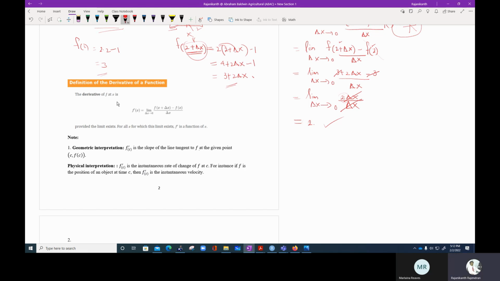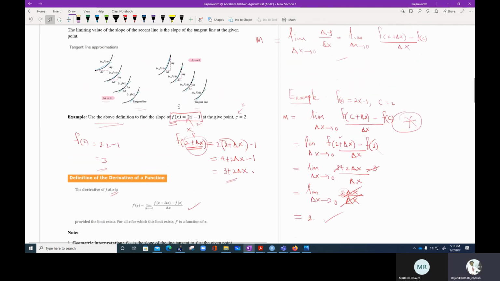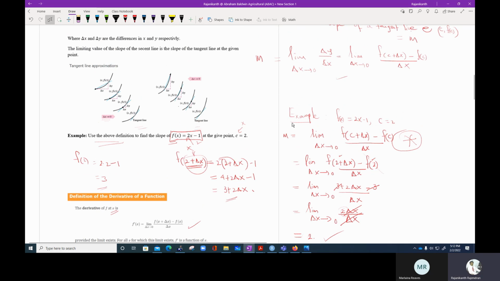The derivative of a function f at any point x is simply given by this formula. Remember, earlier we found the slope of the tangent line at the point c is given by this formula. Now instead of c, you are finding the slope at any given point x.